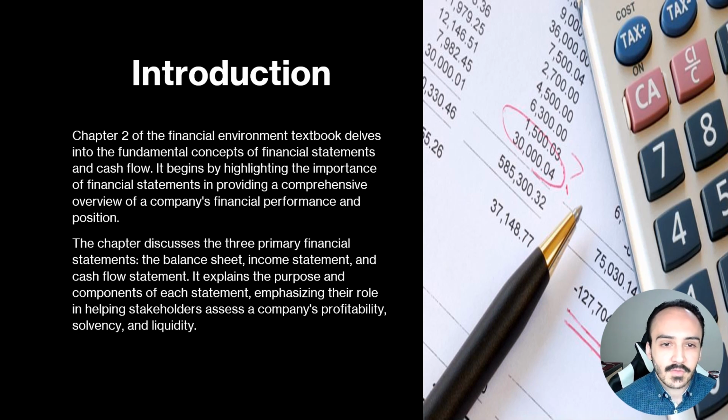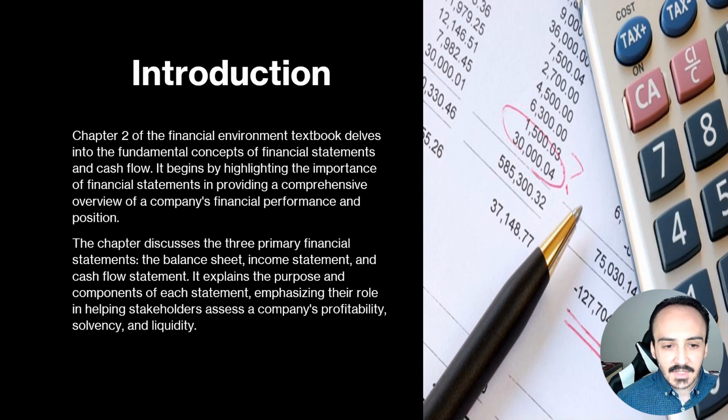An introduction to Chapter 2 of the financial environment textbook, which delves into the fundamental concept of financial statements and cash flow. It begins by highlighting the importance of financial statements in providing a comprehensive overview of a company's financial performance and position.